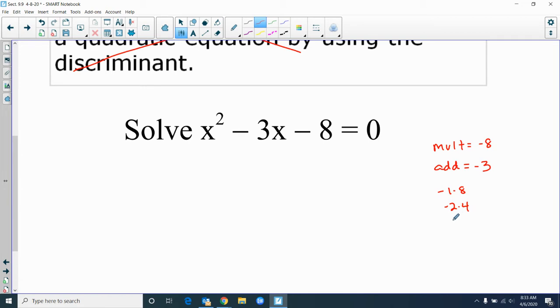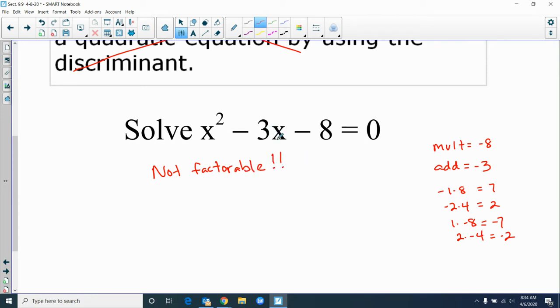And we can switch the order and make it +1 times -8 and +2 times -4. First one adds to 7. Next one adds to 2. Next one adds to -7. Next one adds to -2. Nothing adds to -3. This is not factorable, but it doesn't mean it doesn't have a solution.